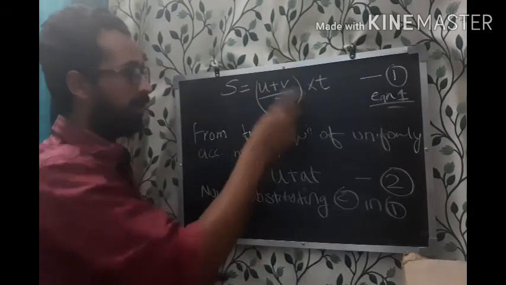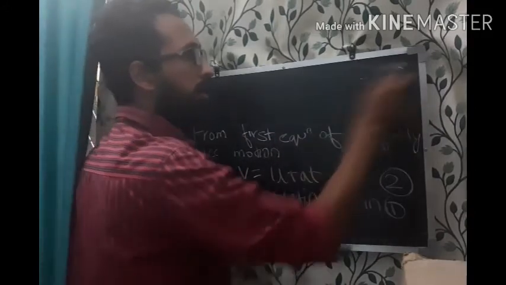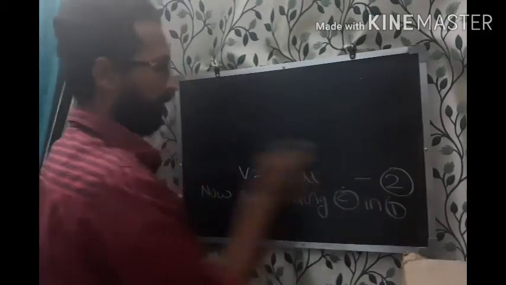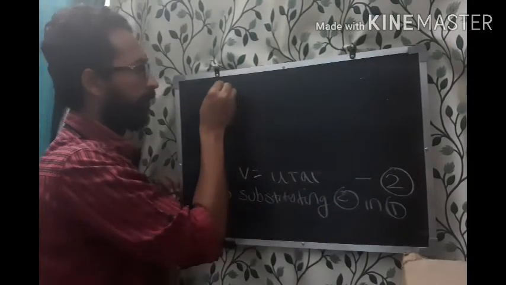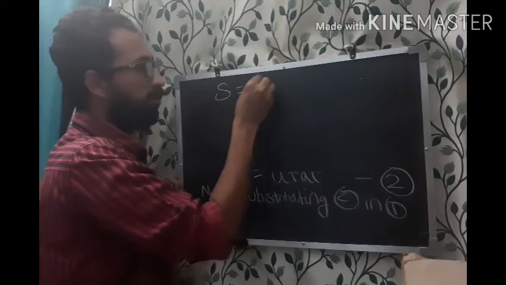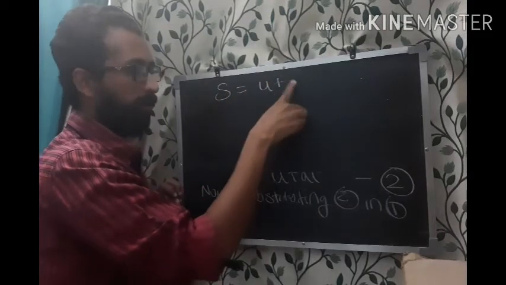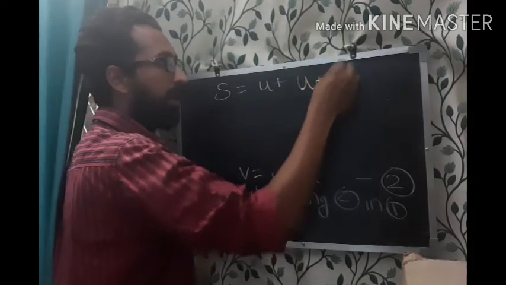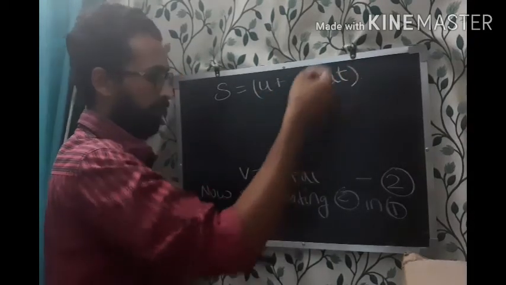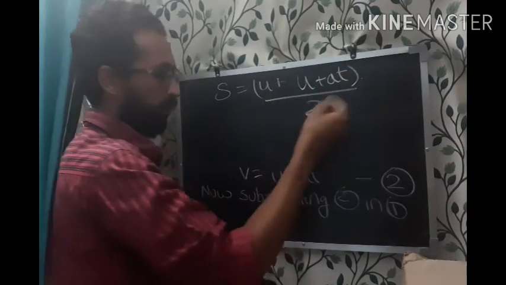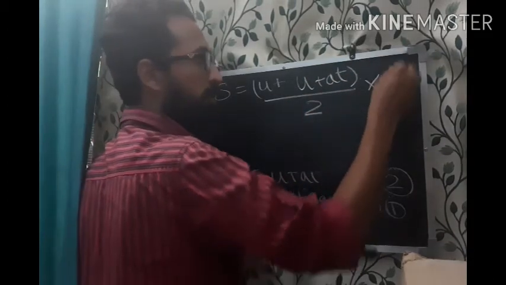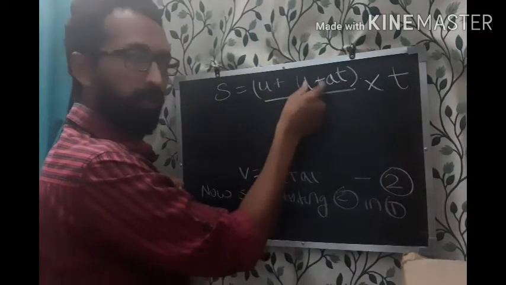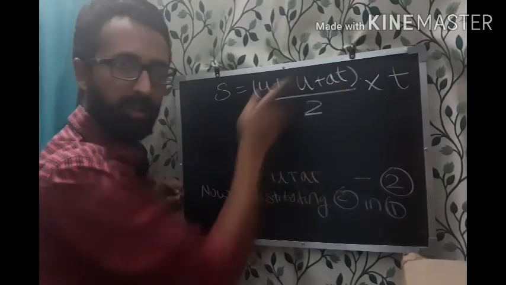So what will happen is S is equals to u plus v के बदले हम अब इक्वेशन रखेंगे u plus at bracket close upon 2 into t. This was the equation. तो यहाँ पर u plus v जो था, v के बदले हमने ये इक्वेशन सब्स्टिट्यूट किया.